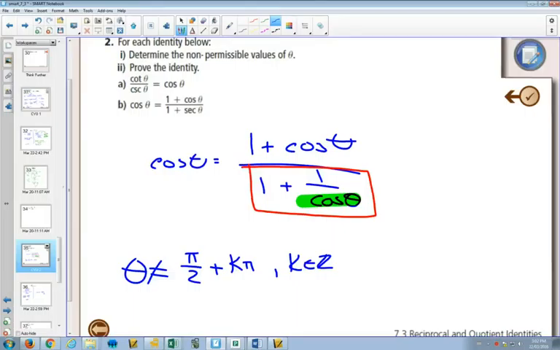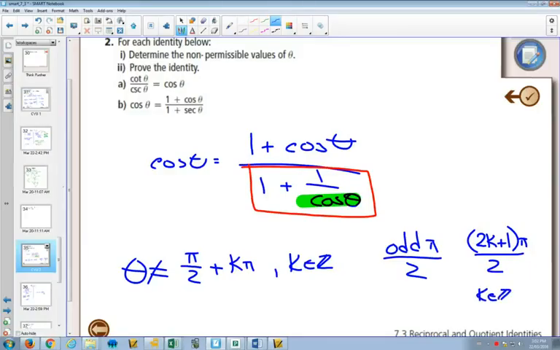Do you remember the other way that we wrote them? The other way was all odd multiples of pi over 2, although you can't really write "odd pi over 2" that way. The way that we wrote this was start with an even number, 2 times k. Add 1 to that to make it odd. So (2k plus 1) pi over 2, where k is an integer, is the other way you could write this.